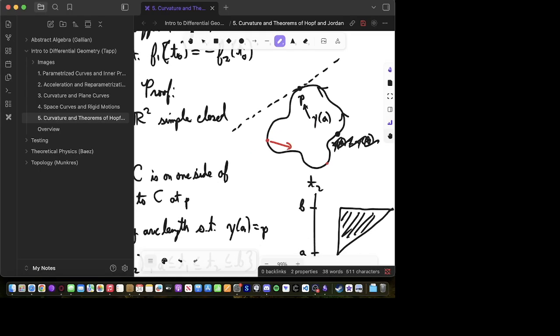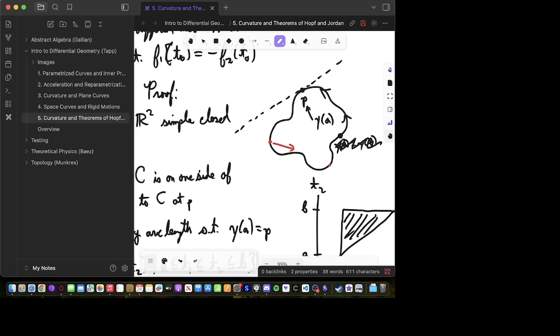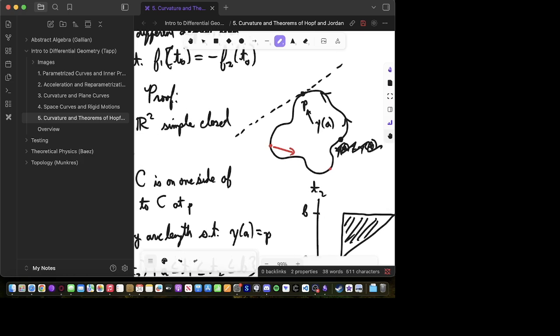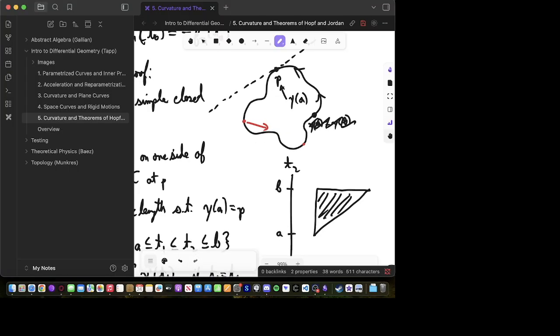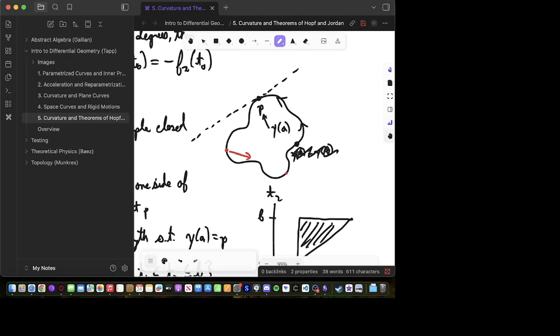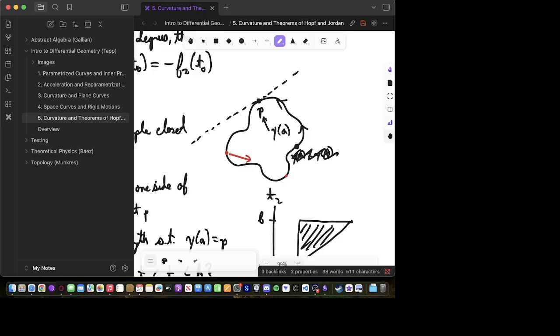And if one of them is gamma of A and one of them is gamma of B, and that is pretty important, then you could imagine a vector pointing from gamma of A to gamma of B, which would be sort of like this.